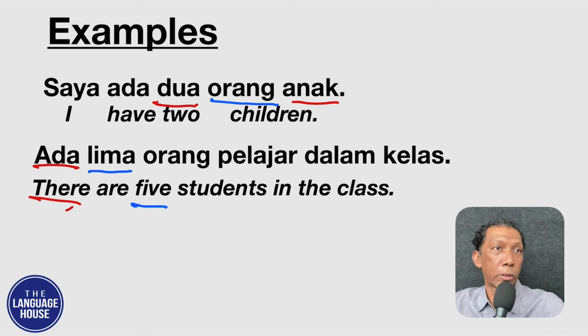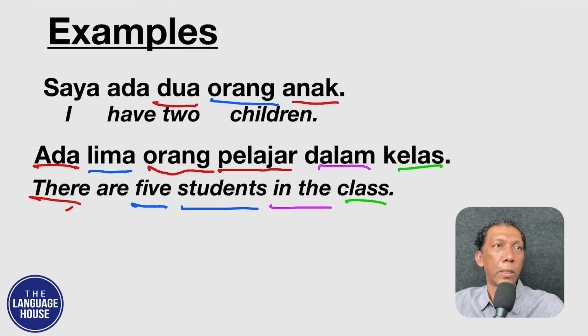In English you just go straight to 5 students, but in Malay we will have 5 orang, and pelajar is students, and dalam is in, the class, and class is kelas. So ada 5 orang pelajar dalam kelas. There are 5 students in the class.